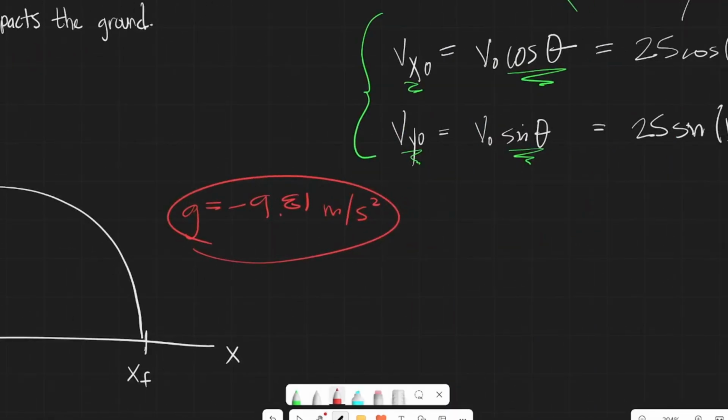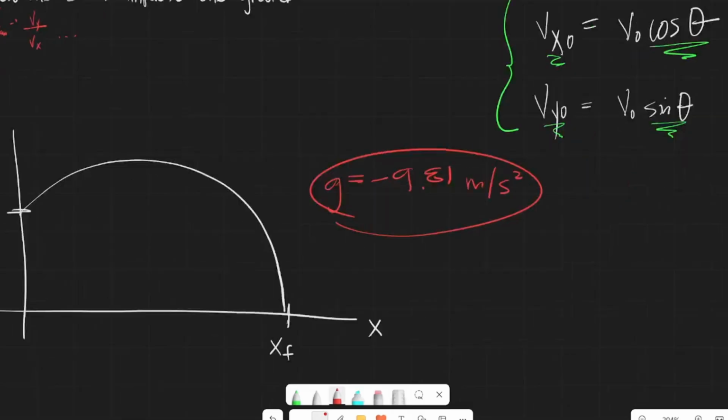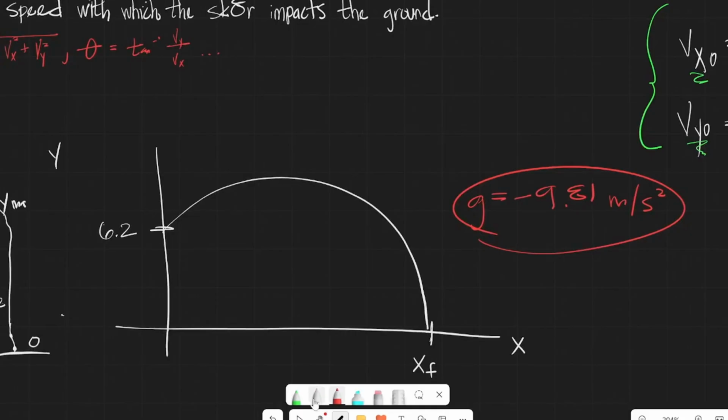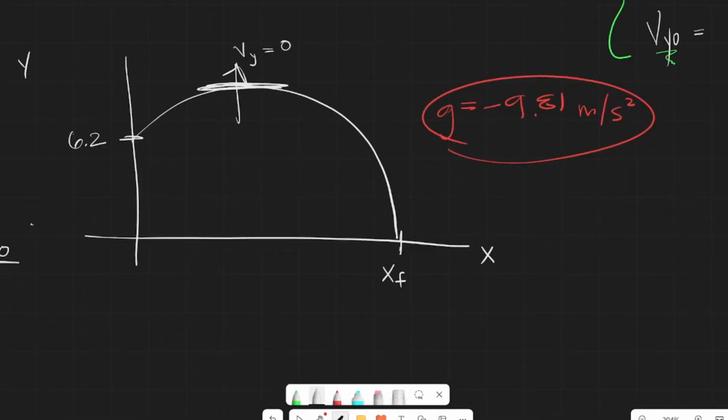Well, it turns out that the amount of time it'll take to get to 0 velocity, we're basically looking at where the y velocity equals 0. It's right here, right? And so what we're going to do is find the amount of time from launch to this maximum point here.